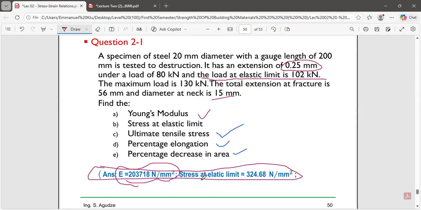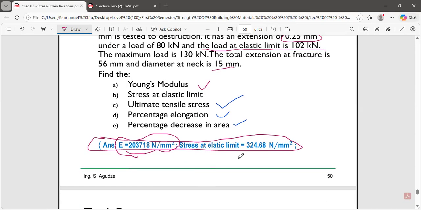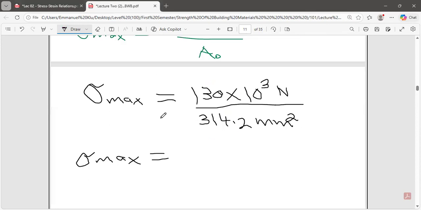Maybe it was not stated over here, but we are supposed to get 413.749.